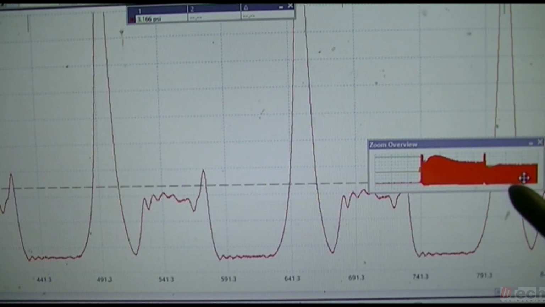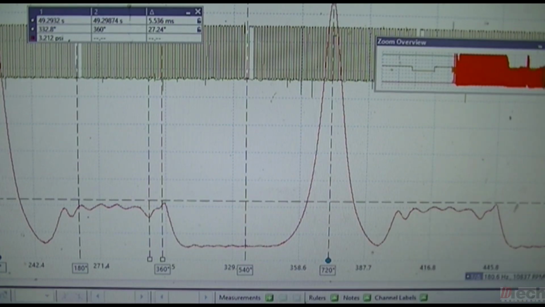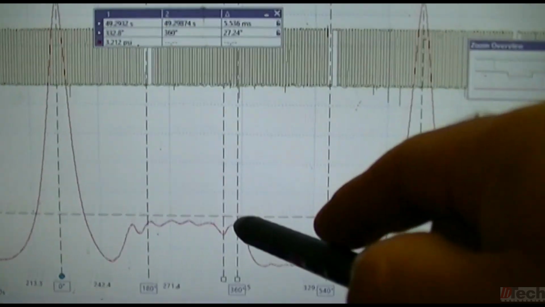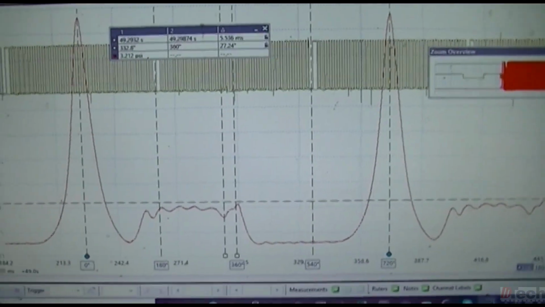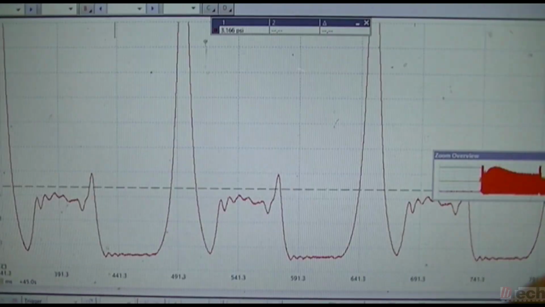And now we are at the point where it's pretty much going to idle, phasing however it's going to stay phased in a little bit of a warmed up state. So the measurement that we are going to look at is this portion here. We are at 27 on the good bank when it's stabilized with phasing.